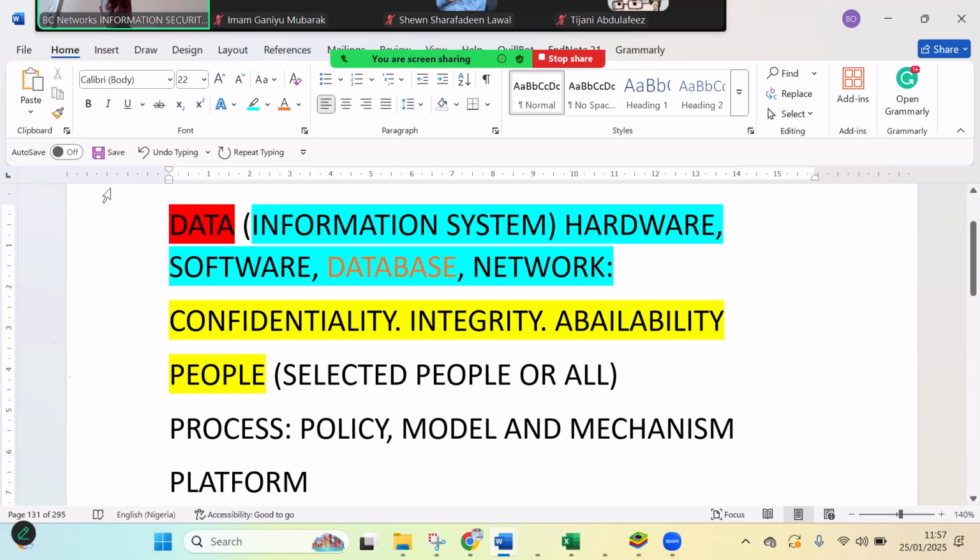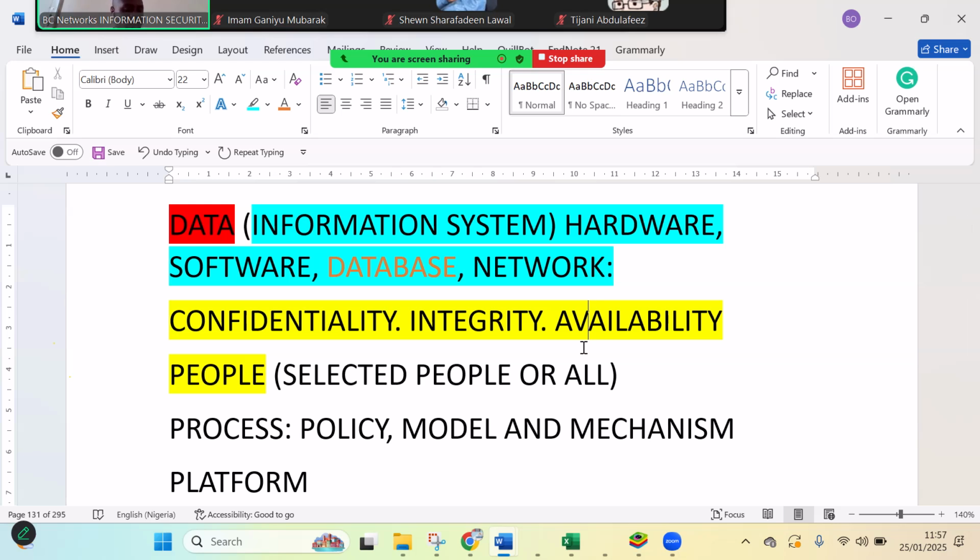And of course, the network. The information security objective of the network also ensures that the network is readily available at any time, and not only available, but available to only authorized people that are configured on the access list.